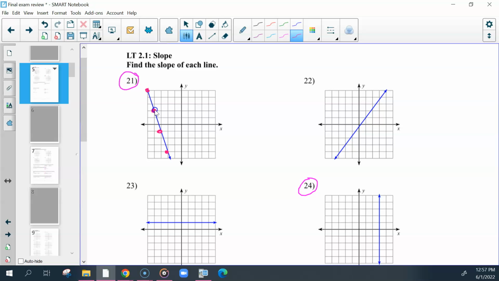Down and left are both negative directions, but if you only have one of them, you're going to get a negative. If you have both, you'll get a positive. So this is going down 3 to the right one. There will be negative 3 over 1, but we can simplify that to just be negative 3.